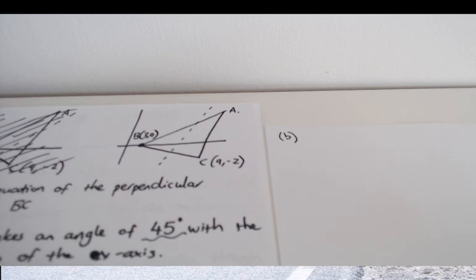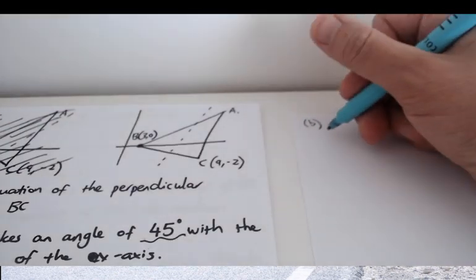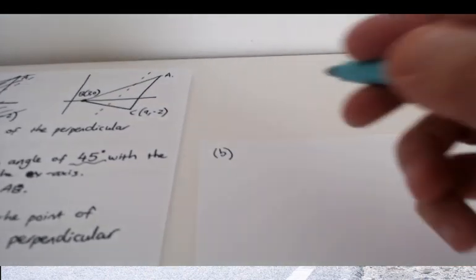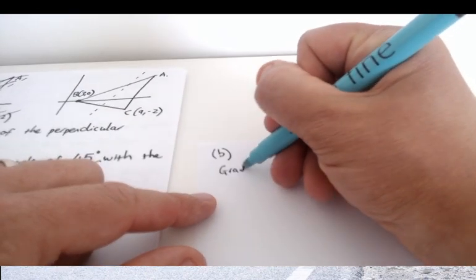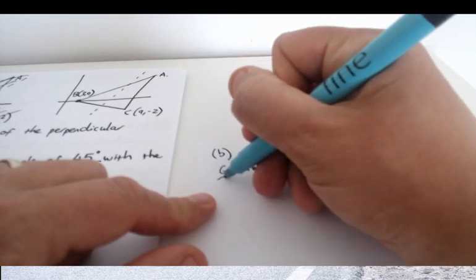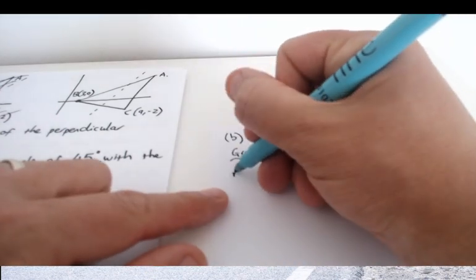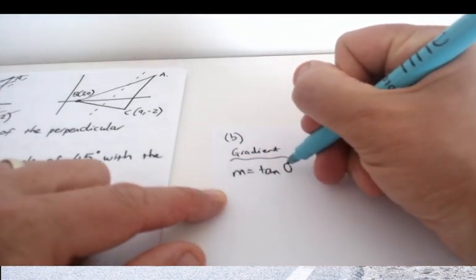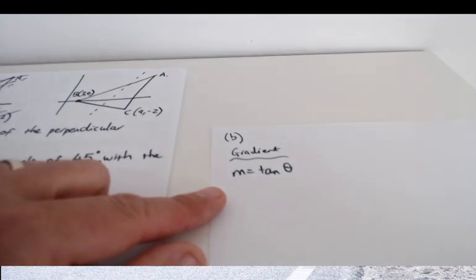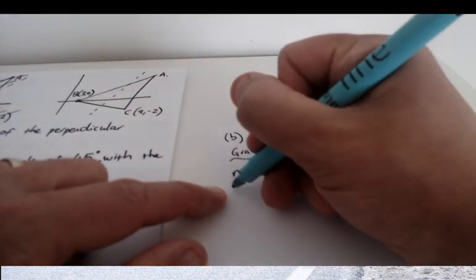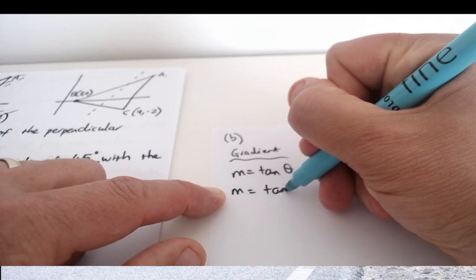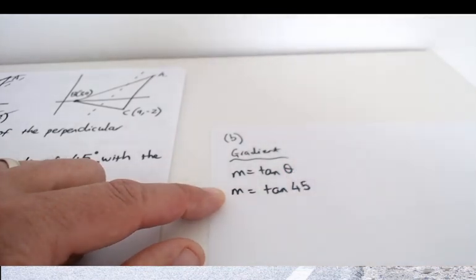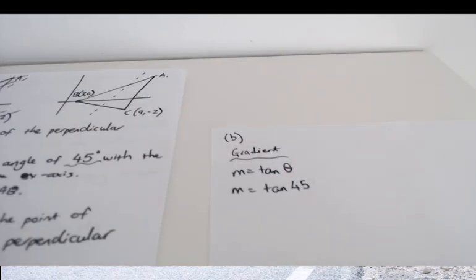Okay, so for my gradient, you're going to go m equals tan theta. That's the formula we're going to use when we know the angle. So it's going to be m equals tan of 45.